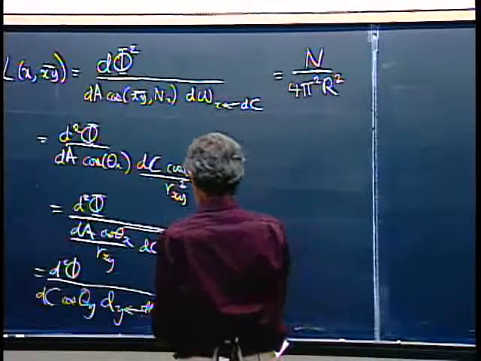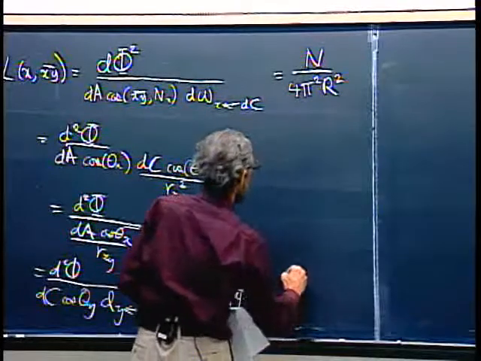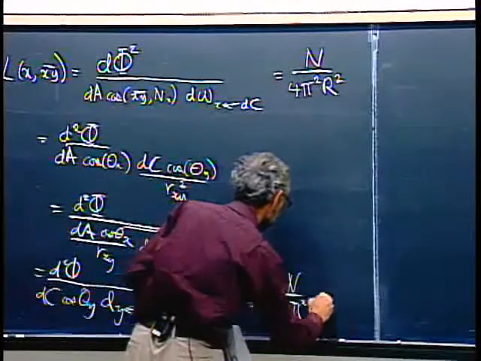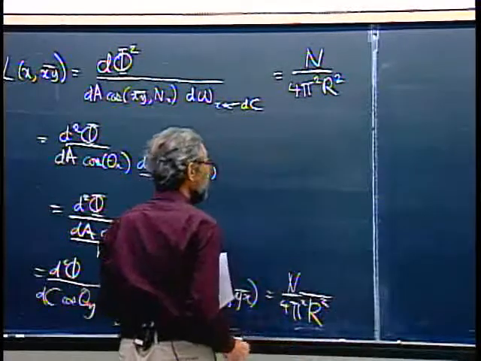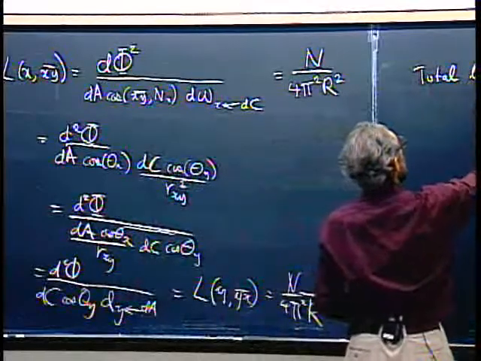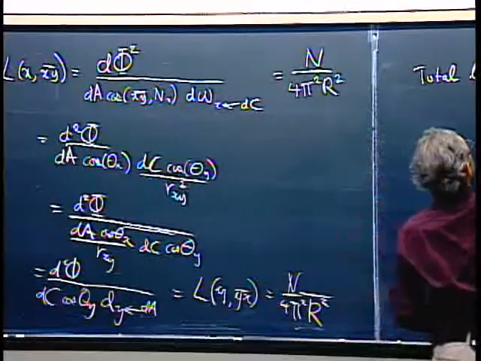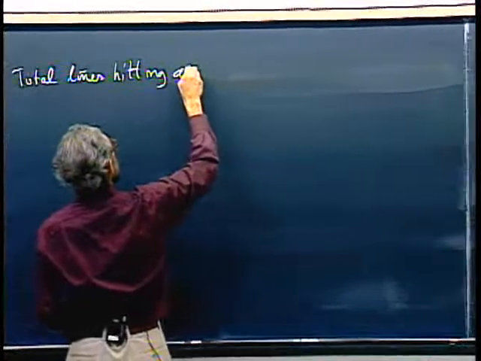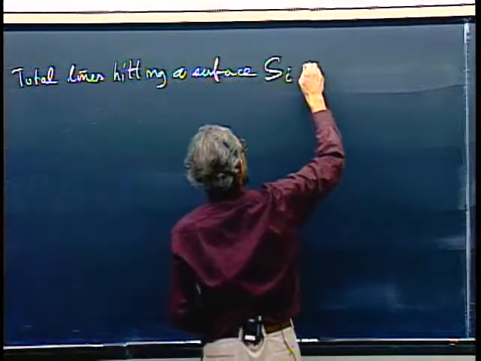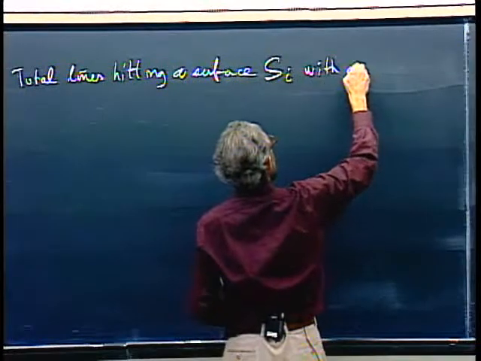That means this one also is going to be n over 4 pi squared r squared. And now I want to look at the total lines hitting a surface S_i with area A_i.